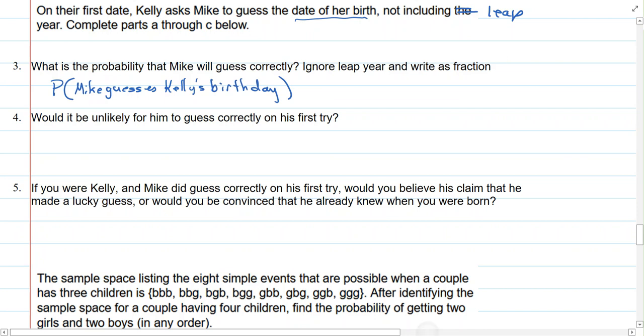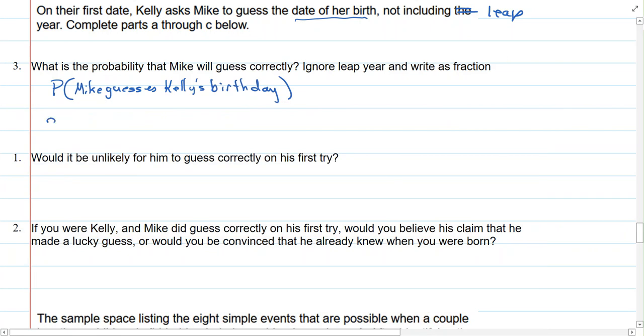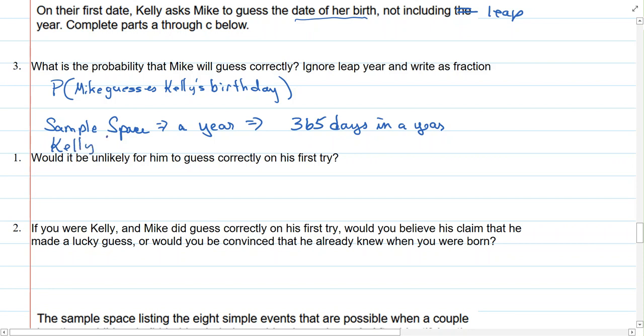First, the sample space. There are 365 days in a year, so we'll use that value as our sample space. Then we have to know Kelly's birthday. I don't know what it is, but it is specific.